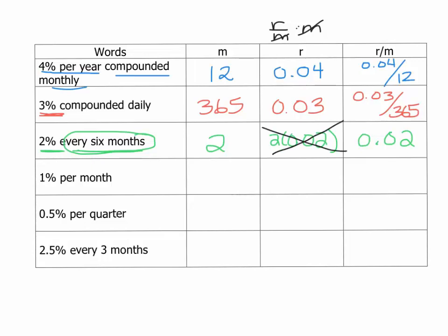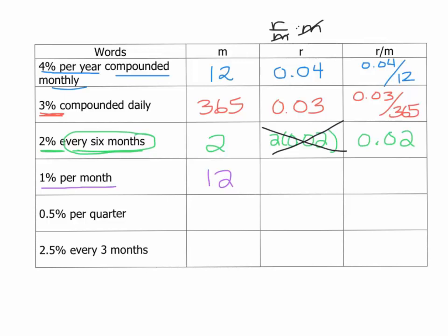In the next example, again, they're telling us the compounding rate per period instead of compounding per year. So they say 1% per month. That tells us it's compounding 12 times per year, so our M is 12.